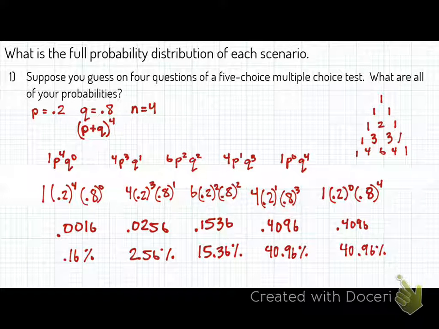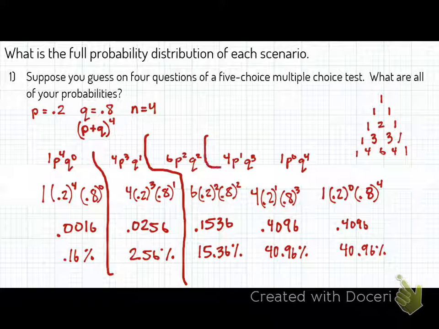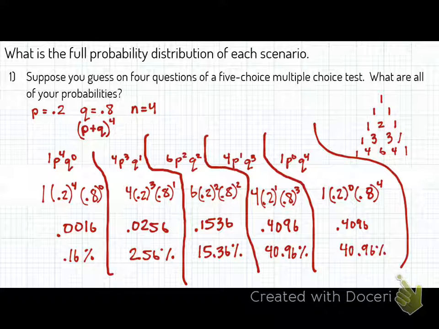Okay, so what does this all mean? Ready? So we got a first term, second term, third term, fourth term, and fifth term. This first one means you get all 4 problems correct. The probability of you getting all 4 problems correct is 0.16%. The probability of you getting 3 problems correct will be 2.56%.